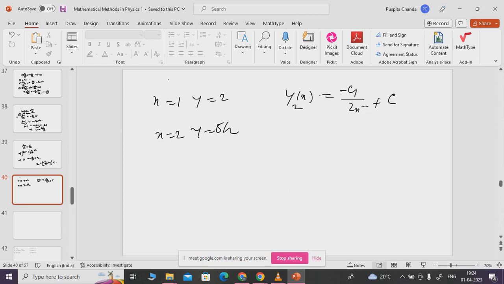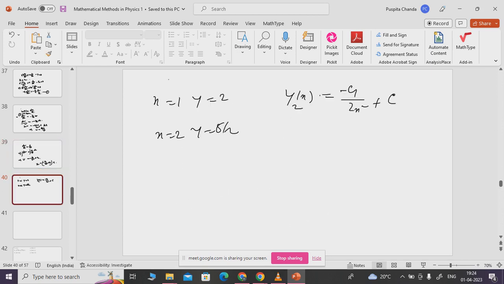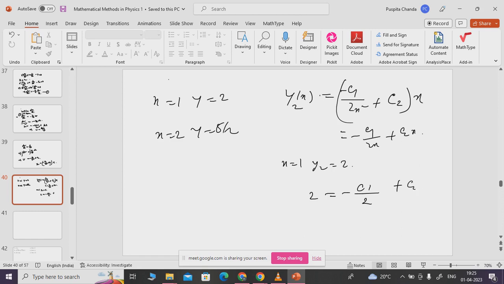So we know y x is equal to y2 x, which is minus c1 by 2x square plus c2 into x. So it will be minus c1 by 2x plus c2 x. When x is equal to 1, y is equal to 2.